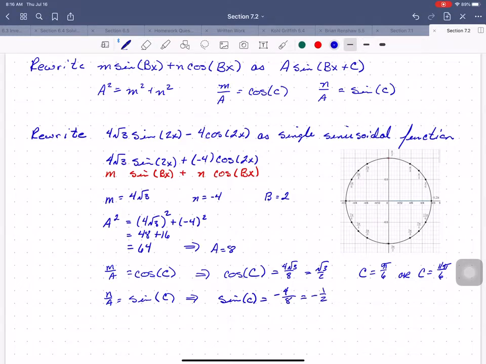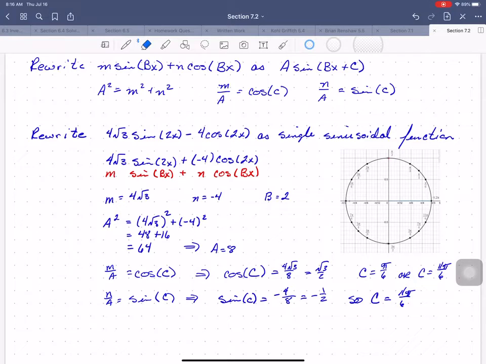So therefore I want the fourth quadrant angle. Which means that I've got all my pieces, because I've got an a and a b and a c. And that's all I need to combine everything back together.